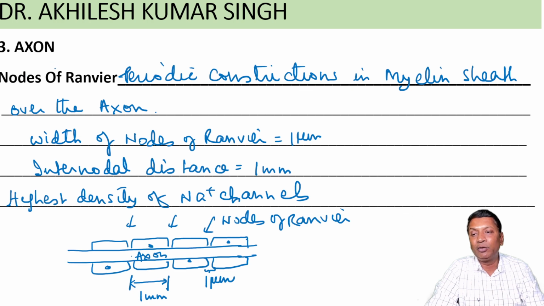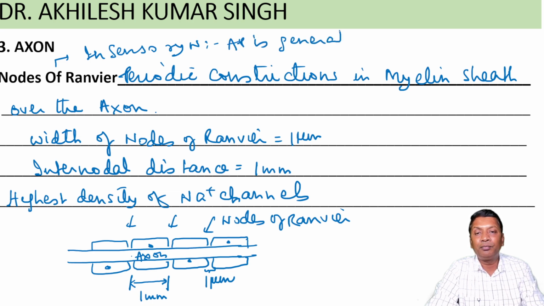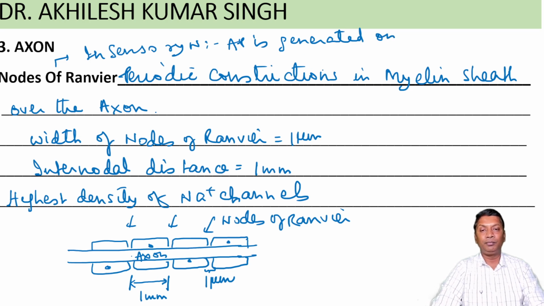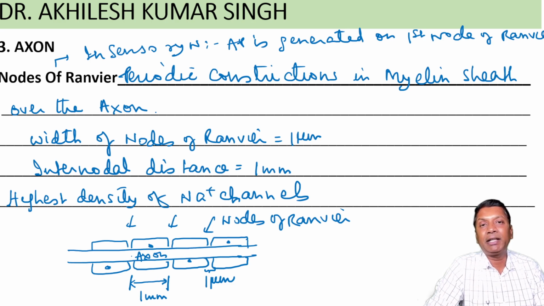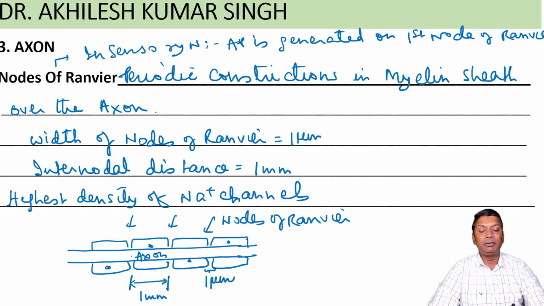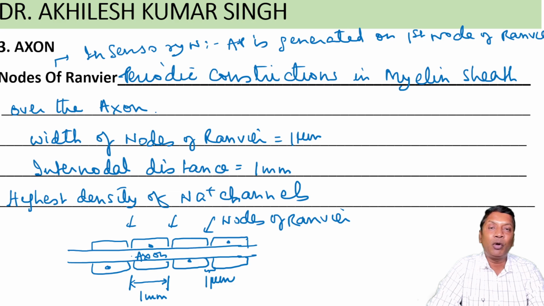So in the sensory neurons, action potential is generated on the first node of Ranvier, right? And in the previous section, I told you that in the motor neuron, the action potential is generated on the initial segment. So remember the following points on the node of Ranvier.